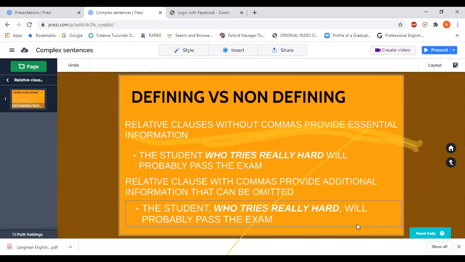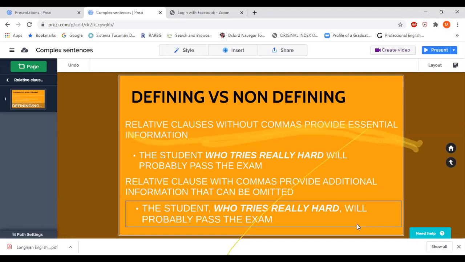Do you understand? Okay, and then we have another example. Relative clauses with commas provide additional information that can be omitted. This is to say that if we remove this clause, the sentence will continue to make sense and will be very clear, okay? So we can say something like, the student, who tries really hard, will probably pass the exam.